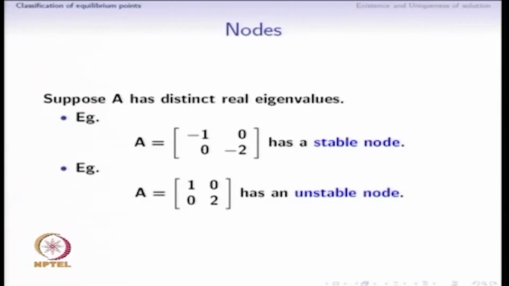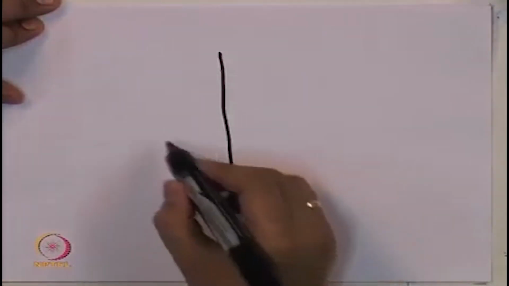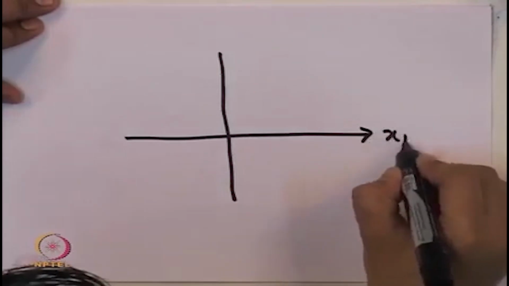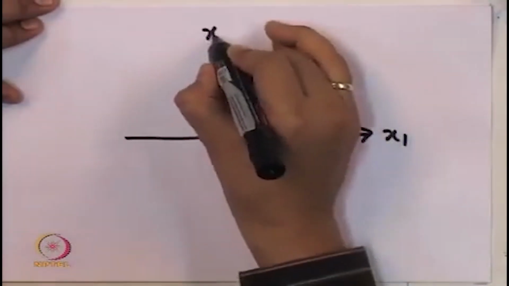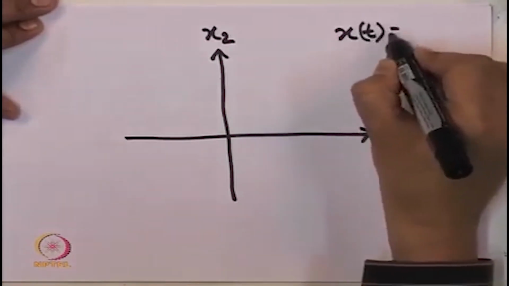For example, take A equal to minus 1, 0, 0, minus 2. So, this is what we call a stable node. Why is this? We will see in more detail when we see a graph of how the trajectories evolve. So, now x has two components, hence the components are called x1 and x2.